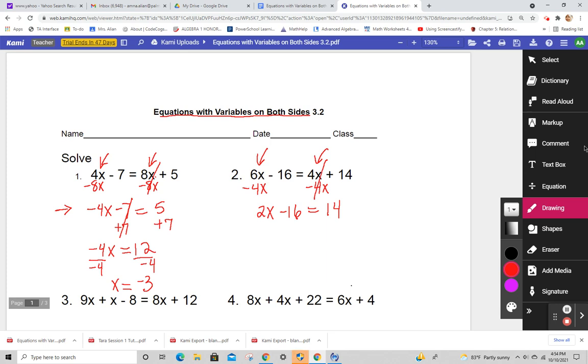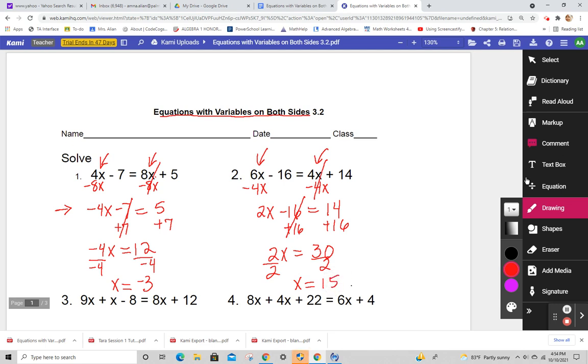So now I'm going to go ahead and add 16 to both sides. So we'll have 2x equals 30. Divide by 2, so x is 15.